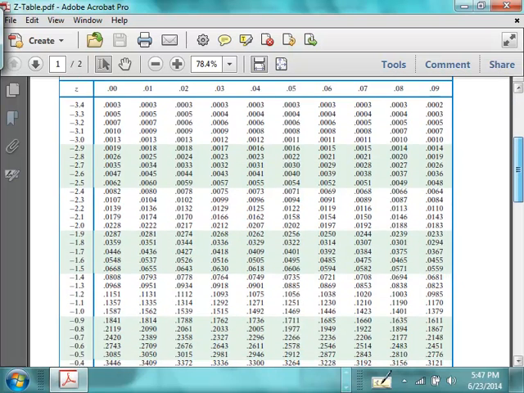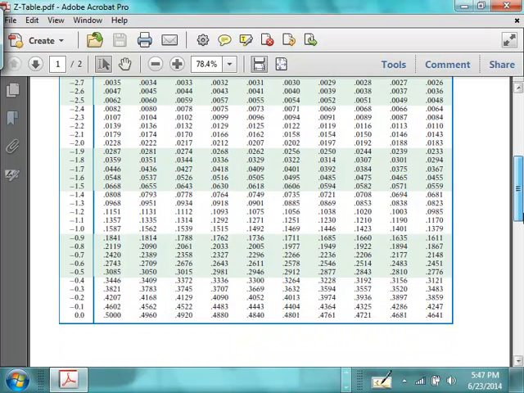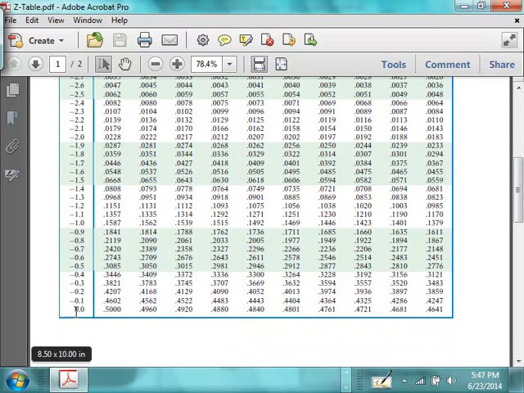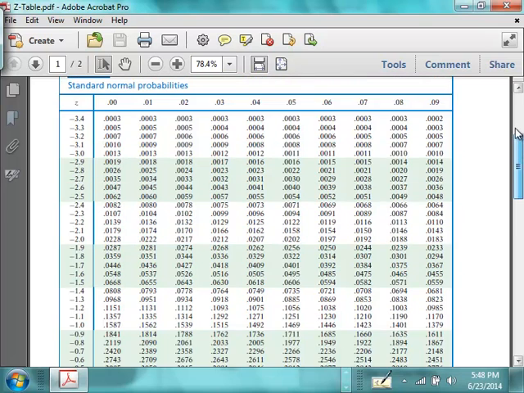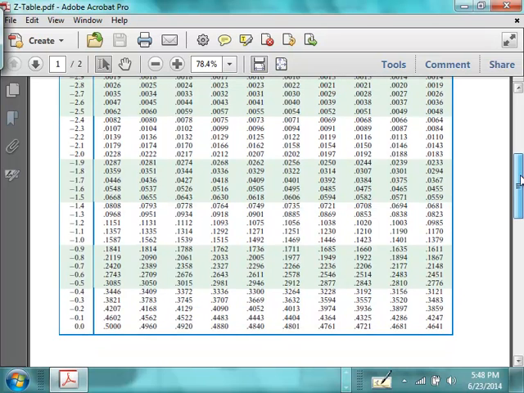Now, here's the first page of a z-table. And I'm going to go down here to negative 1.0, and this first column is the 0.00 column, right? You see it? So negative 1.00.